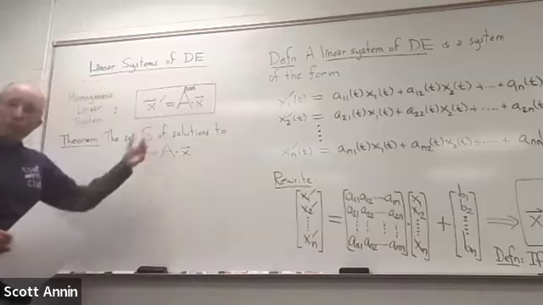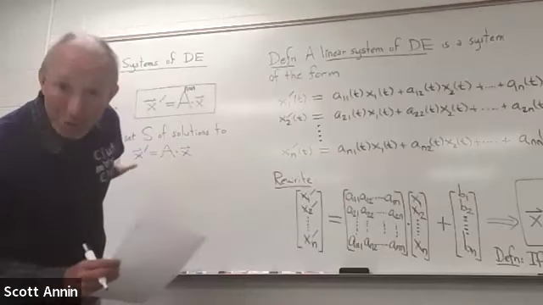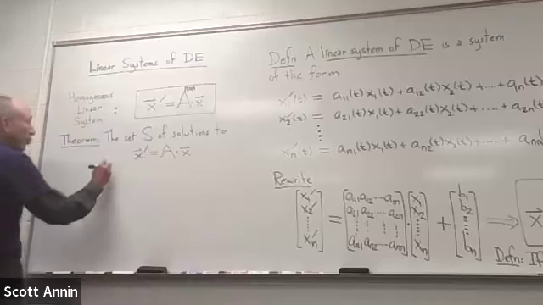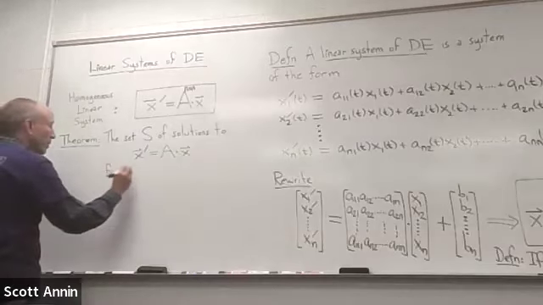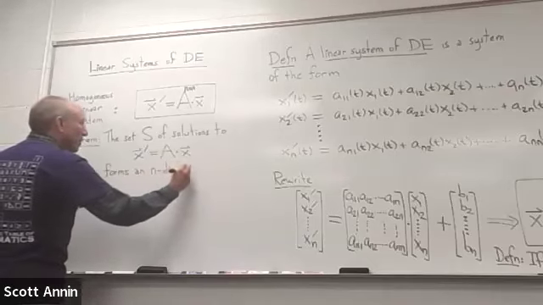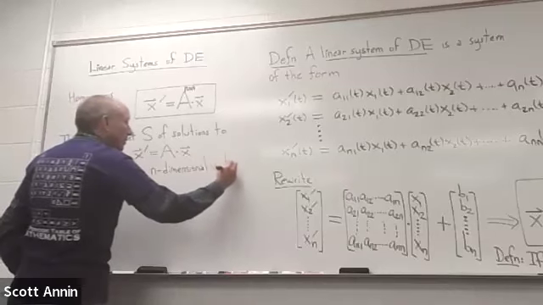If we look at the solutions to a system like this, which of course we're going to learn how to find soon, but if we want to look at that set of solutions, it forms an n-dimensional vector space.